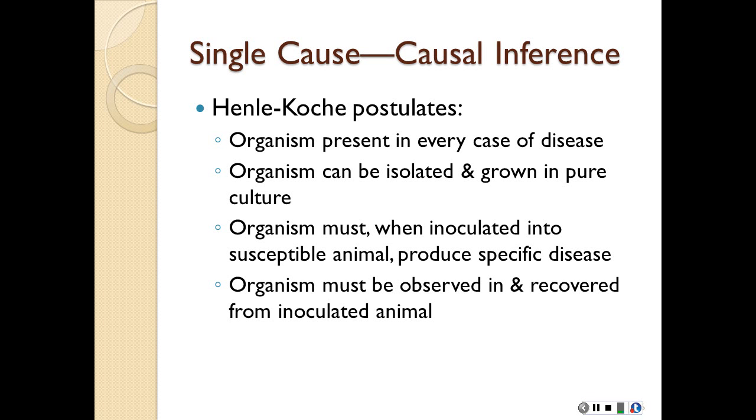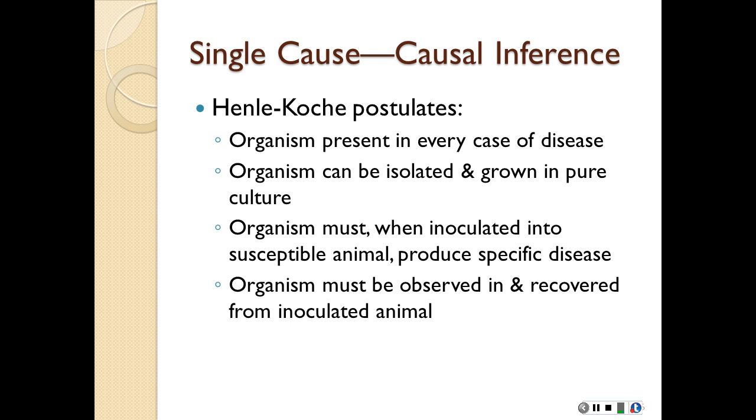And back at that point, we had the single cause, the Henle-Koch postulates. So, the Henle-Koch postulates for a single causal factor, you have to have the organism present in every case of disease. So if you're talking about HIV, or if you're talking about AIDS, HIV has to be present in every single case of AIDS.